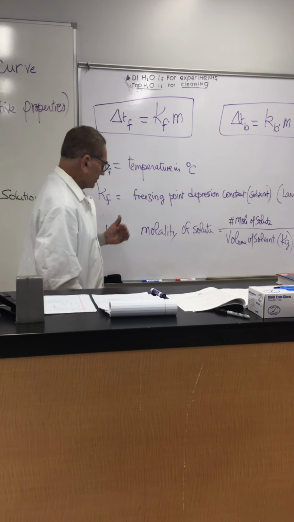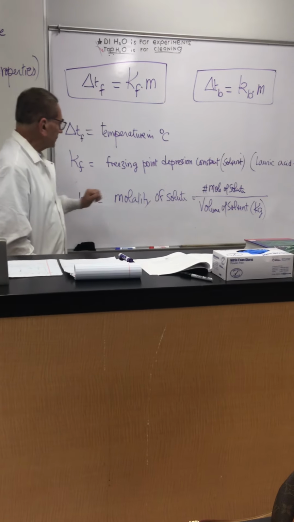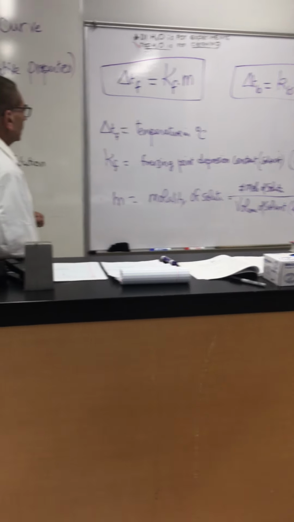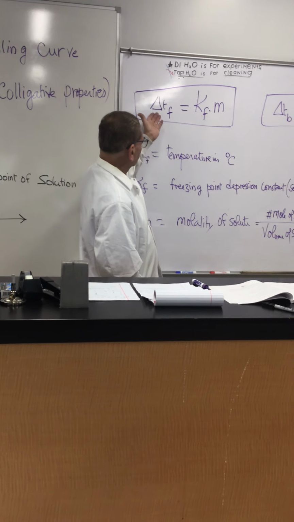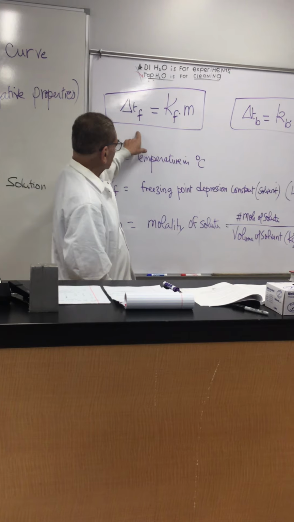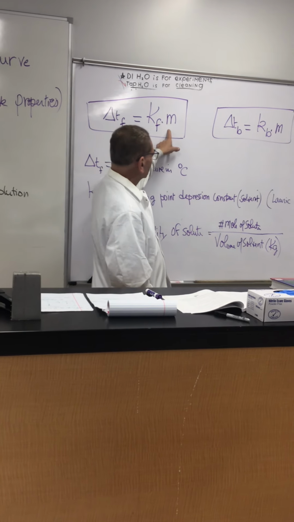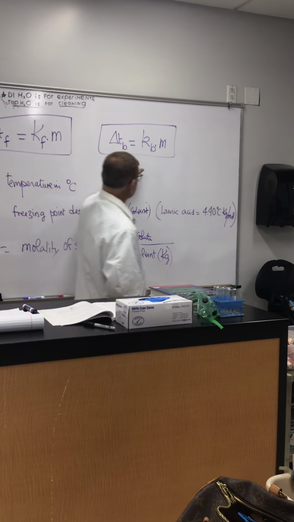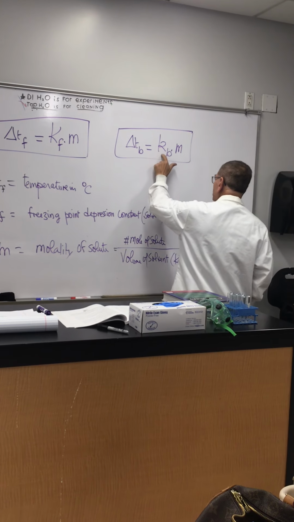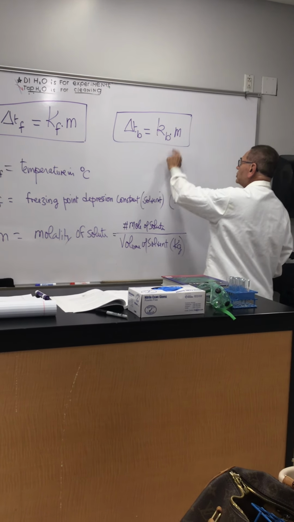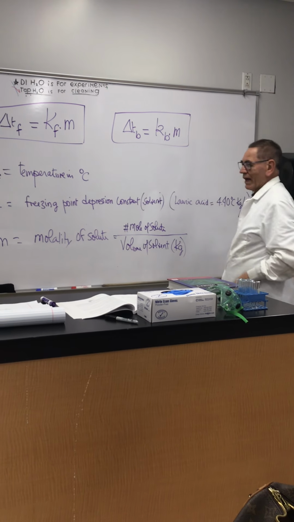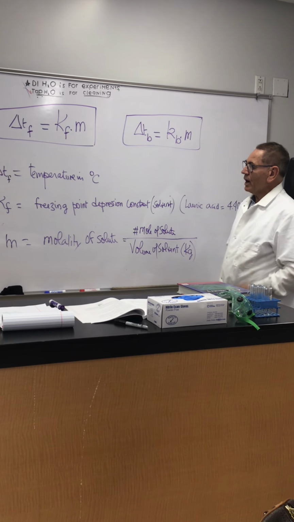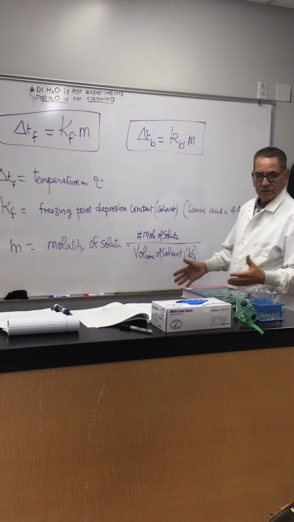It's a new term for you, I'm sure. As you can see, delta TF for freezing is equal to KF times m, the molality. You can do the same equation: delta TB for boiling is equal to KB, the boiling constant of the solvent, times m, the molality. So now we're going to proceed with the experiment.